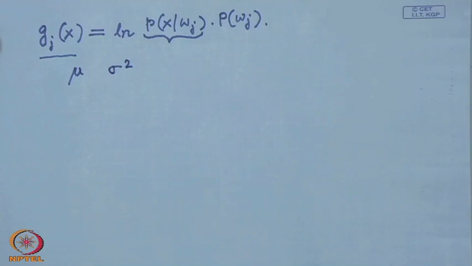If I look at the probability density function defined over a single scalar variable x, then if I know mu, the mean of the samples, and sigma square, the variance of the samples, I have defined the curve which represents this probability density function.